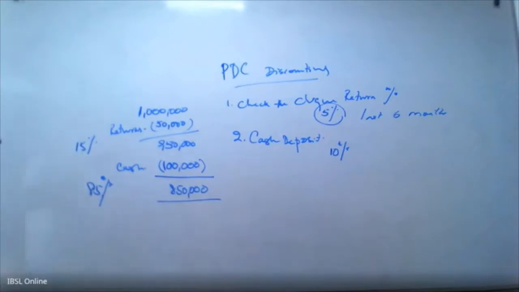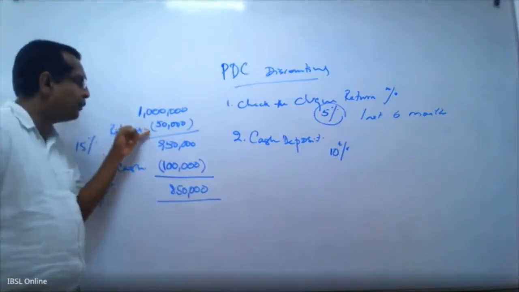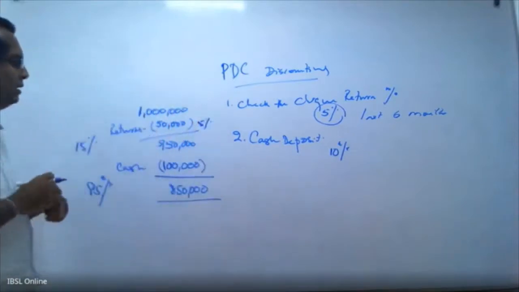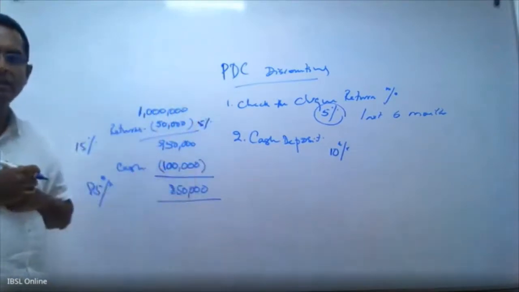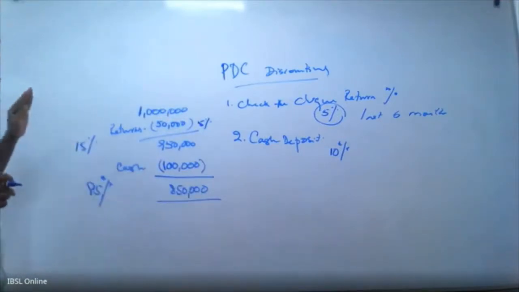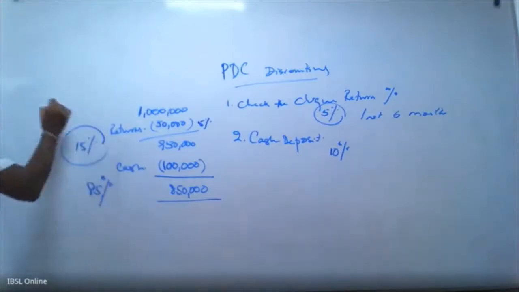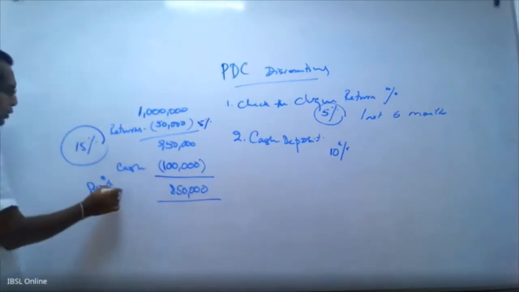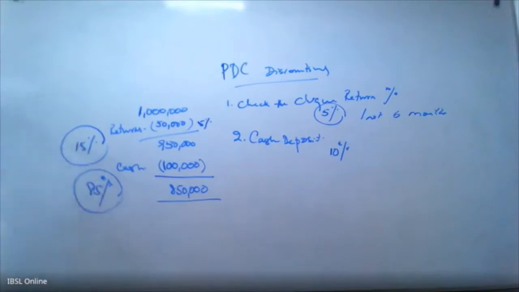Right? We have counted for 5% here. We have cash of 100,000. So even if your checks are returned by 15% return, you can recover all your capital. Therefore, your discounting rate would be 85%. This is how we decide the discounting percentage.